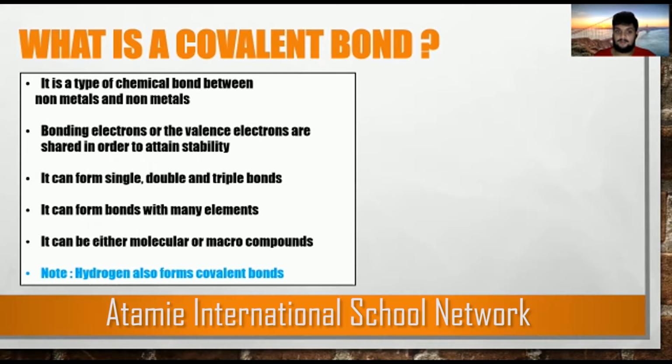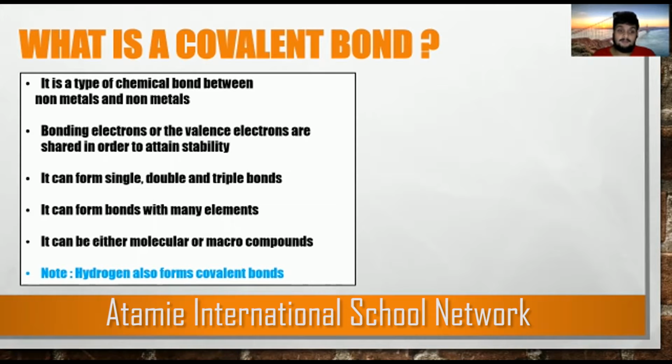For example, many organic compounds have different elements covalently bonded to form a particular compound. And there are molecular and macro compounds. Molecular means small compounds, macro means considerably large structures, which we refer to as giant covalent structures.